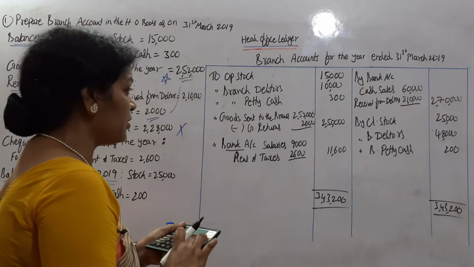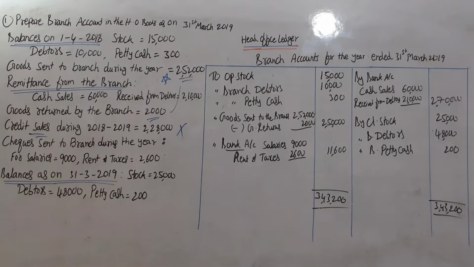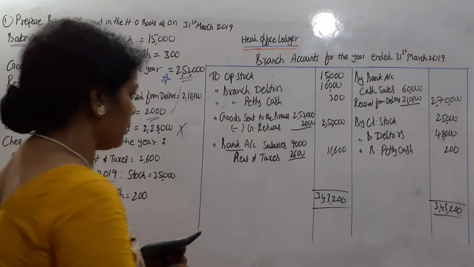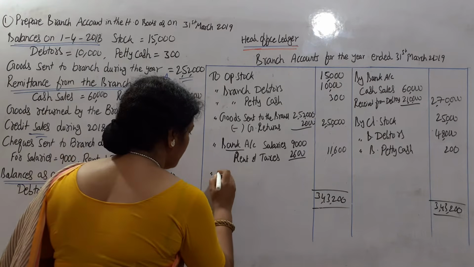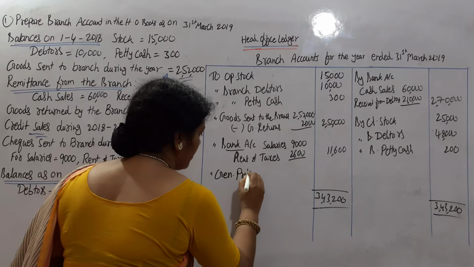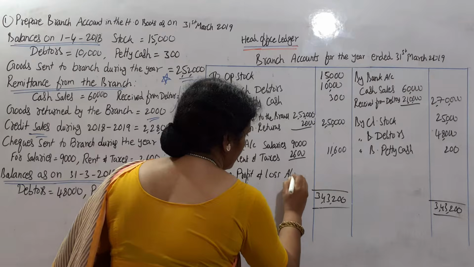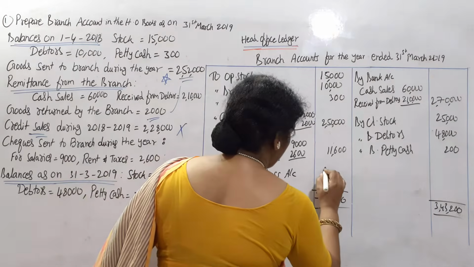It comes to 56,300. So we can write it here, general profit and loss account 56,300.